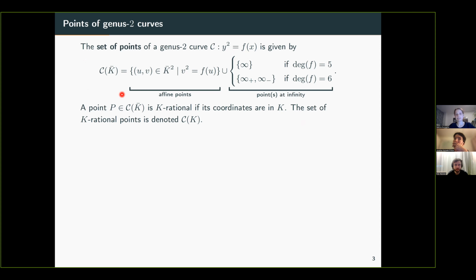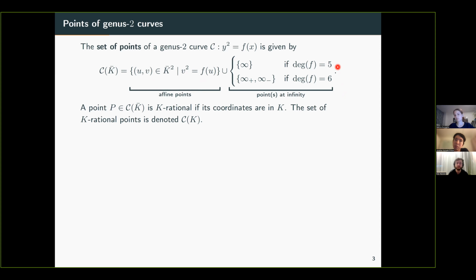Now if we talk about such curves, we are usually interested in looking into the points of this curve. And similar to elliptic curves, the set of points consists of affine points. Those are just the points (u, v) that satisfy the equation, so we have that v squared is equal to f of u for those points. And then there are also points at infinity that you can find if you look at the projective closure of the curve equation.